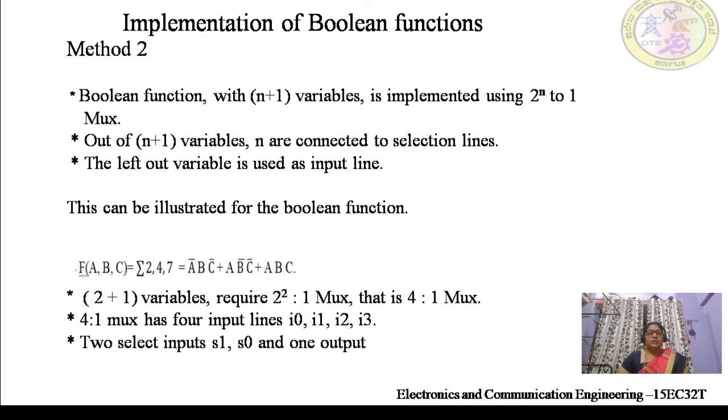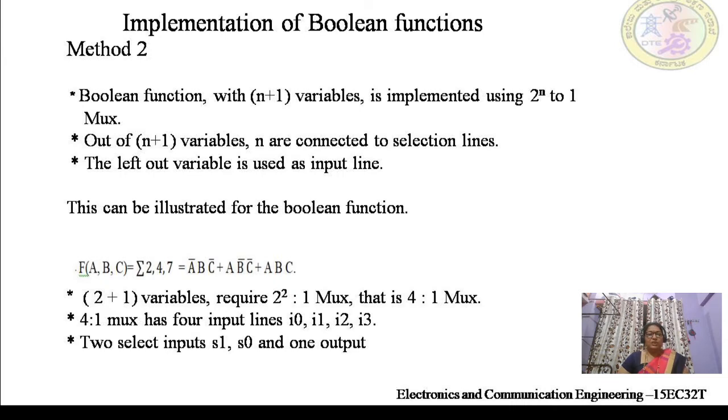This is the second method where I can use the lower order mux for the same Boolean expression. First, the total number of variables used in the expression is written in n plus 1 form.